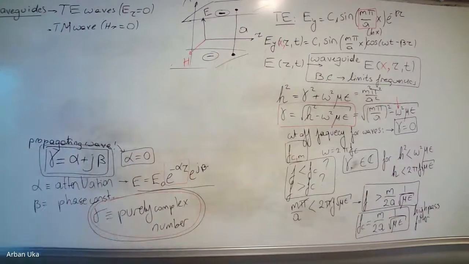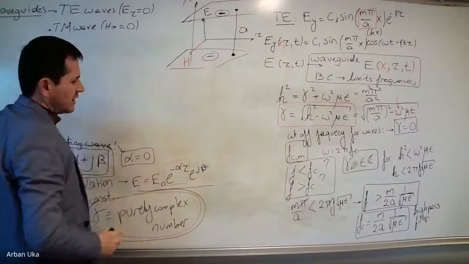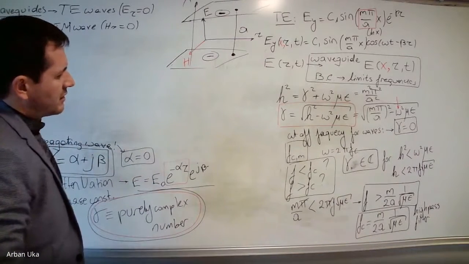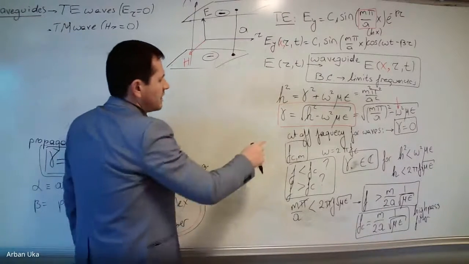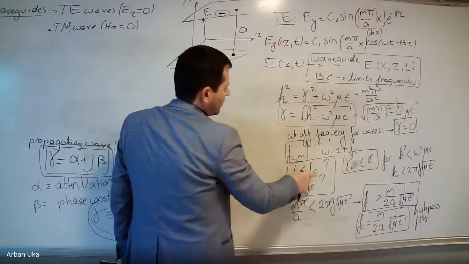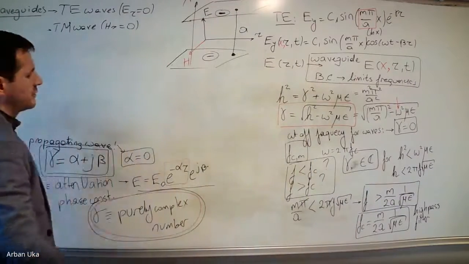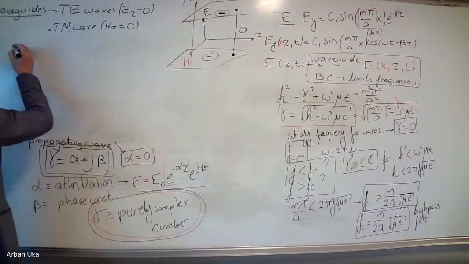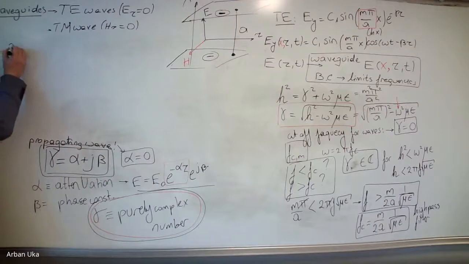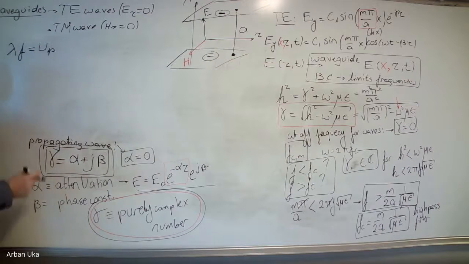And another thing that we can add is that this square is smaller than 0 only if the frequency is larger than some specific value. But assuming the relationship of the lambda with the frequency, we know that this would be equal to the propagation speed, the UP, right?